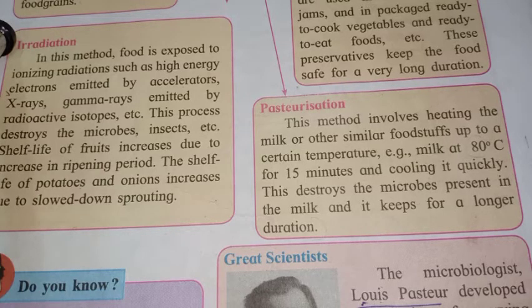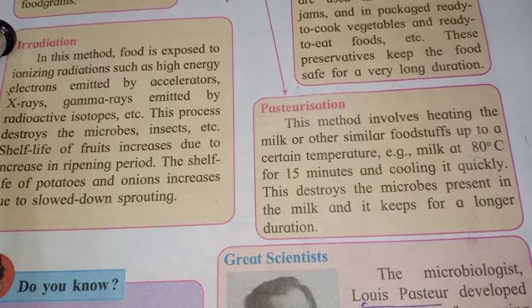Because of this process, microorganisms are killed in that particular foodstuff. So pasteurization destroys the microbes present in the milk and thus food remains safe. This process was developed by Louis Pasteur.